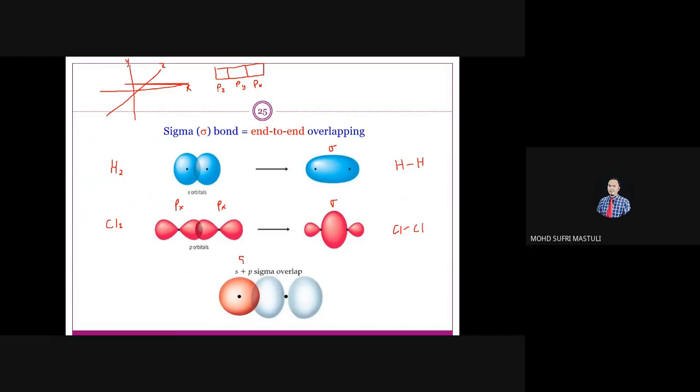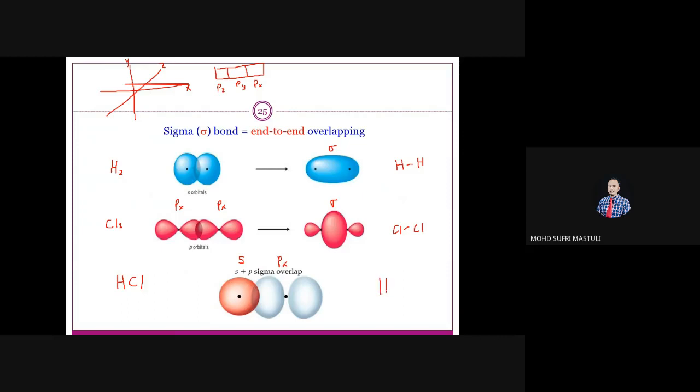An example of a molecule is hydrogen chloride. Okay, hydrogen chloride. Hydrogen is the s orbital, the valence electron s orbital, and the chlorine valence electron is in the p orbital, the px orbital.